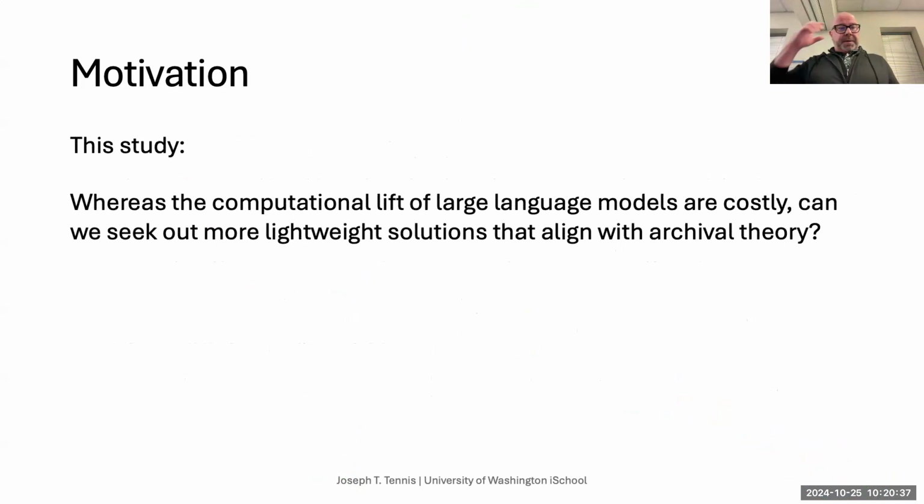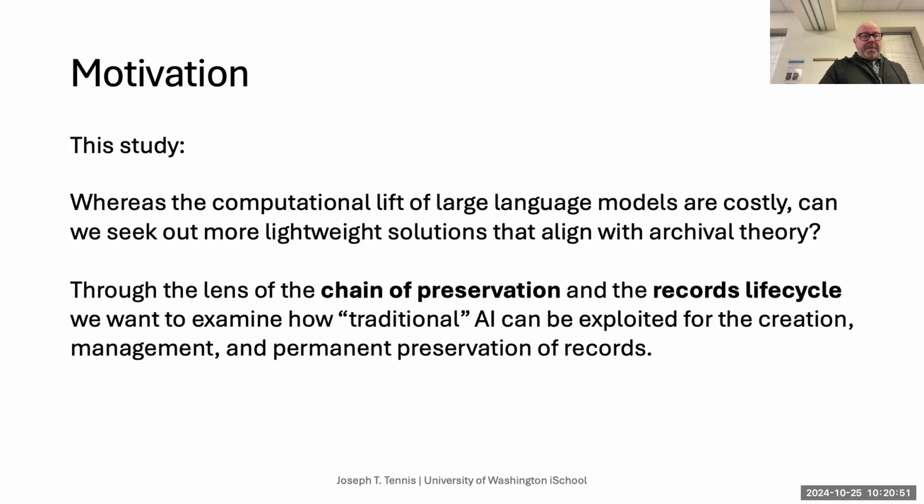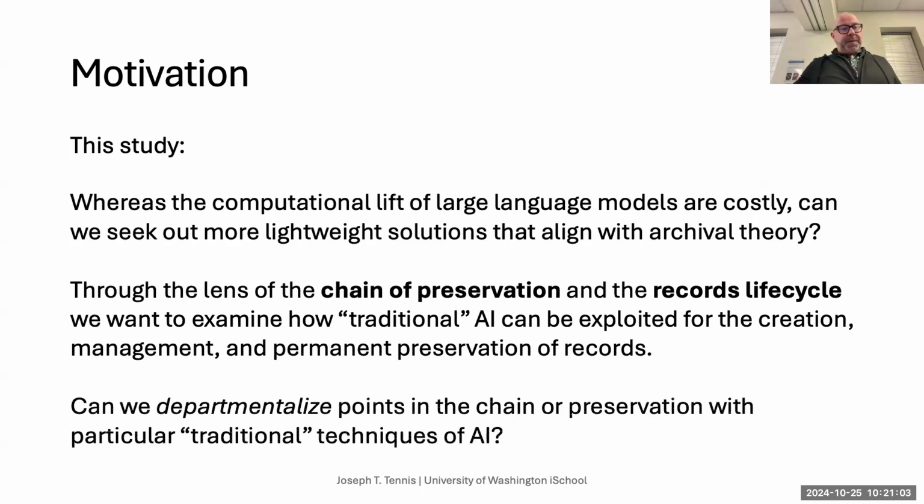This study has this as the motivation. Whereas the computational lift of large language models is costly, can we seek out more lightweight solutions to align with archival theory? Through the lens of the chain of preservation and the record's lifecycle, we want to examine how, quote-unquote, traditional artificial intelligence can be exploited for the creation, management, and permanent preservation of records.